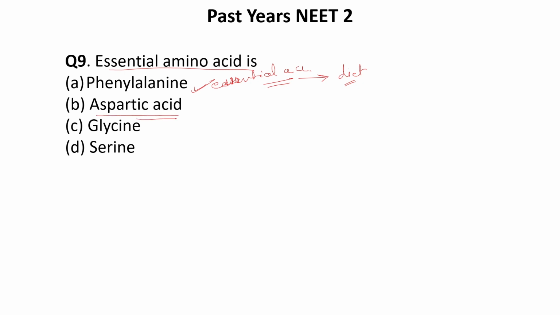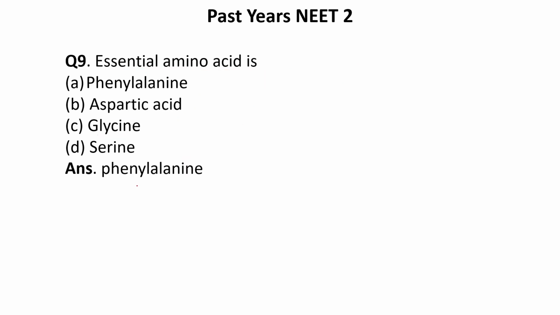Aspartic acid, glycine and serine, these are all non-essential because they can be synthesized in our body. So the correct answer is phenylalanine.